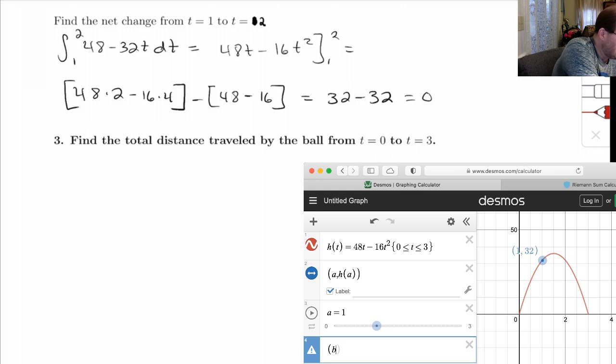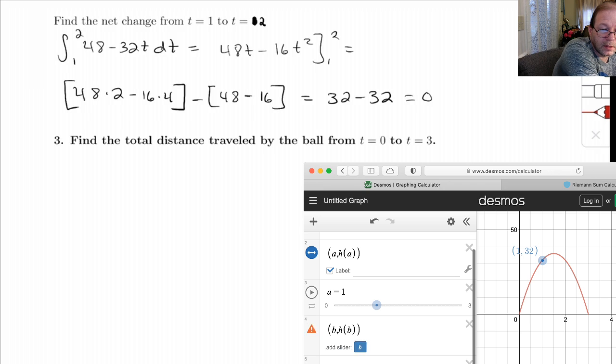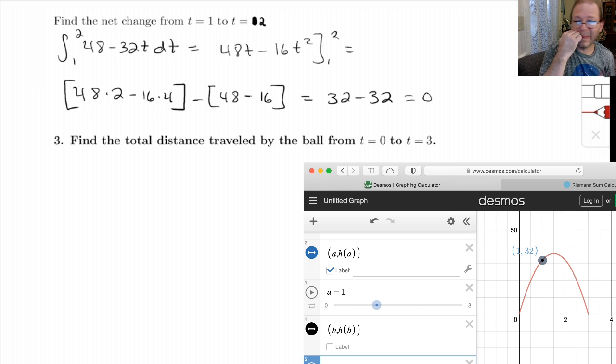B comma height at B. What this is asking me now is find the net change in height between these 2 points here.